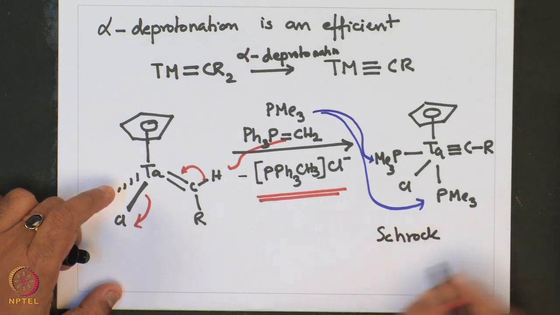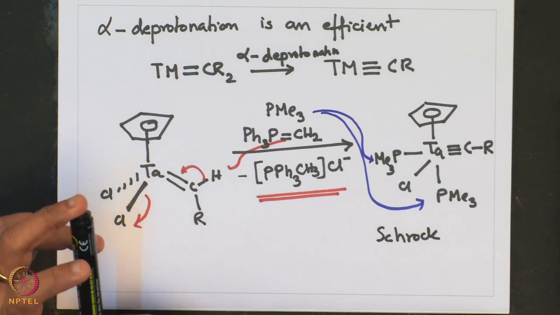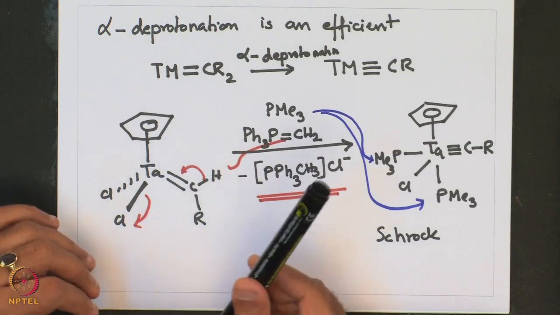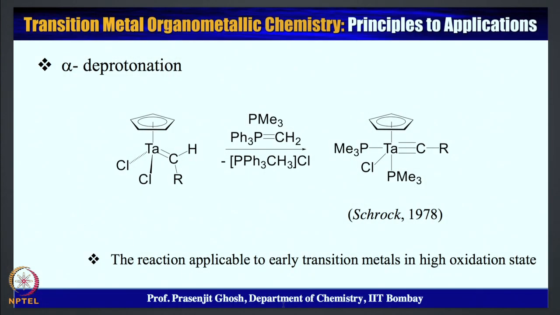Way back in 1978. Like Fischer, who himself had reported a synthesis for Fischer carbene as well as Fischer carbyne, Schrock too had his own synthesis for making Schrock carbene as well as Schrock carbyne complexes.